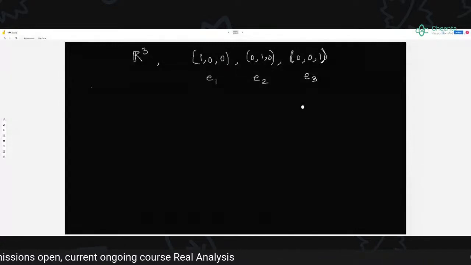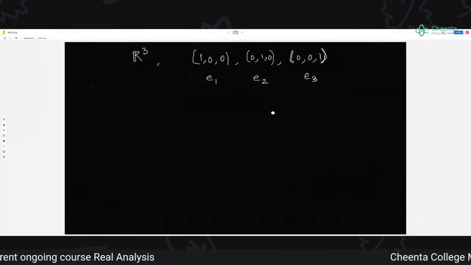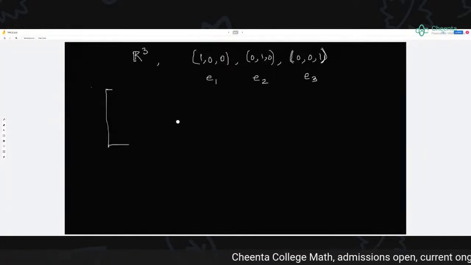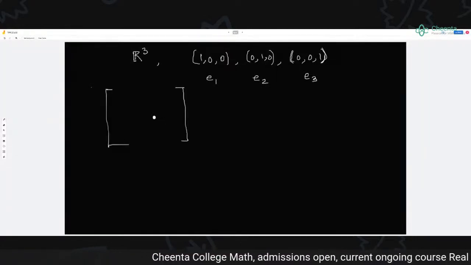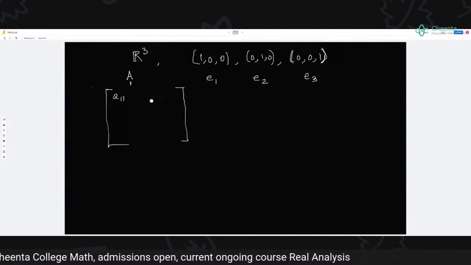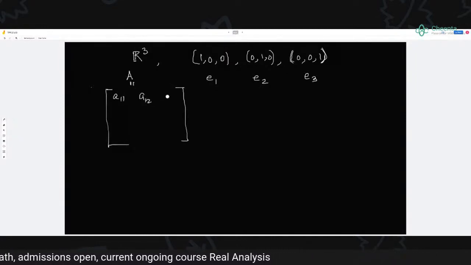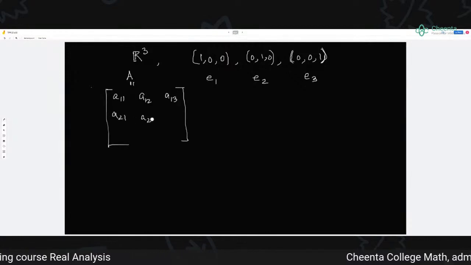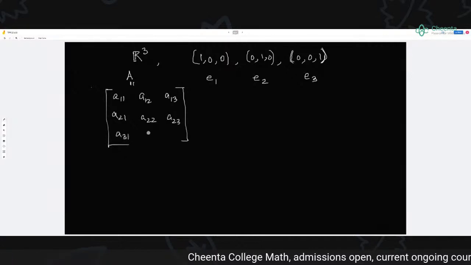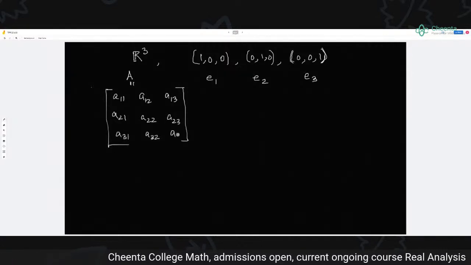If you take A E1, what do you get? How does A E1 look? Here A is the matrix with entries A11, A12, A13, A21, A22, A23, A31, A32, A33.